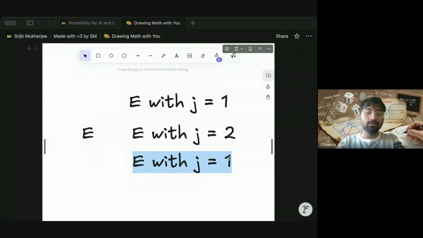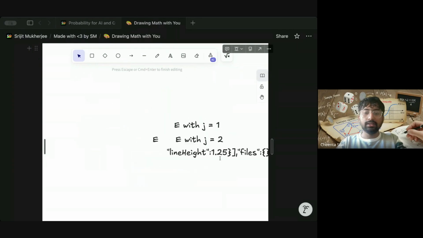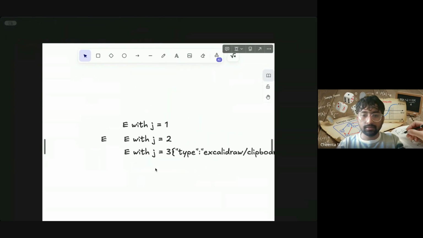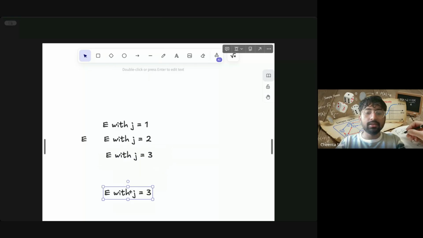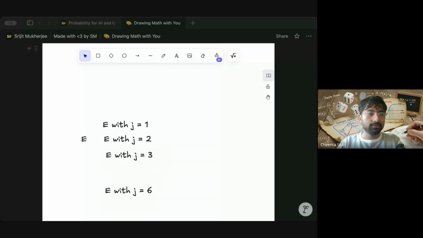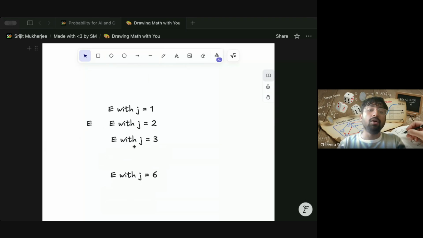J means the second rule. 3 dot dot dot, E with J as 6. Okay, so we'll have all these conditions out here.